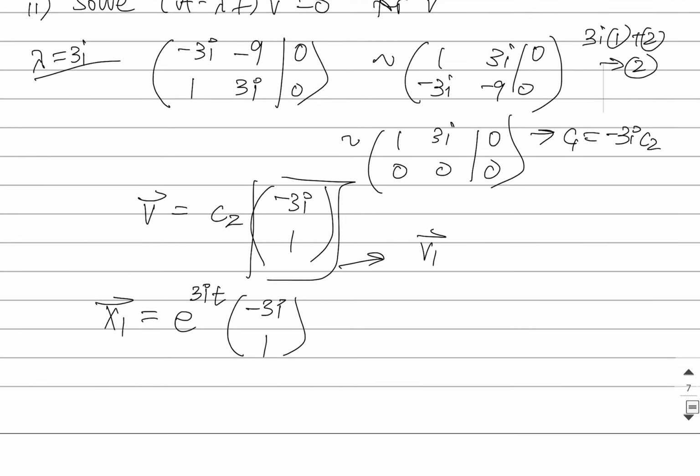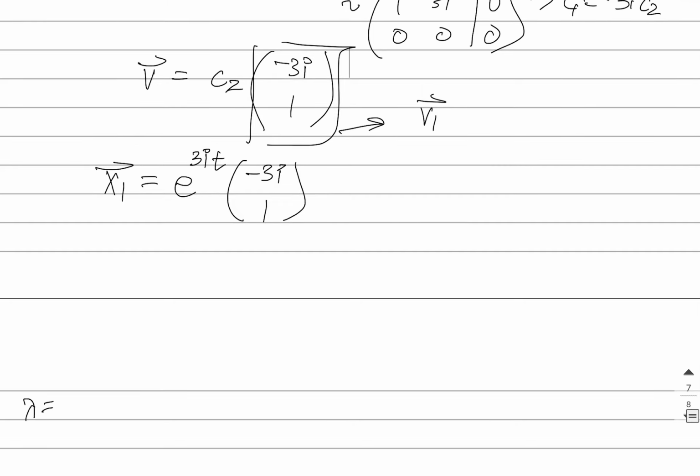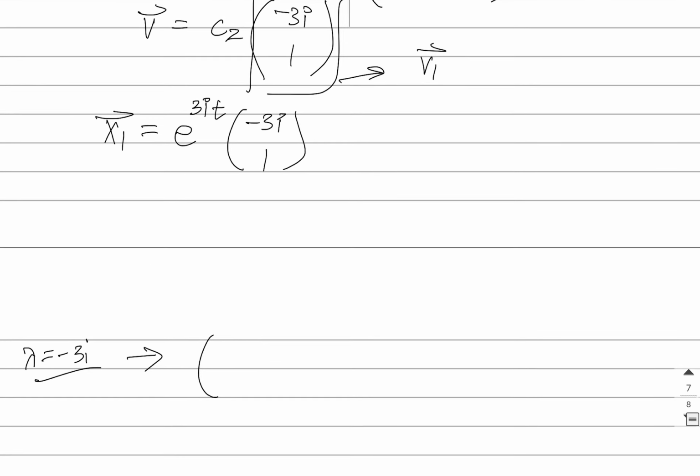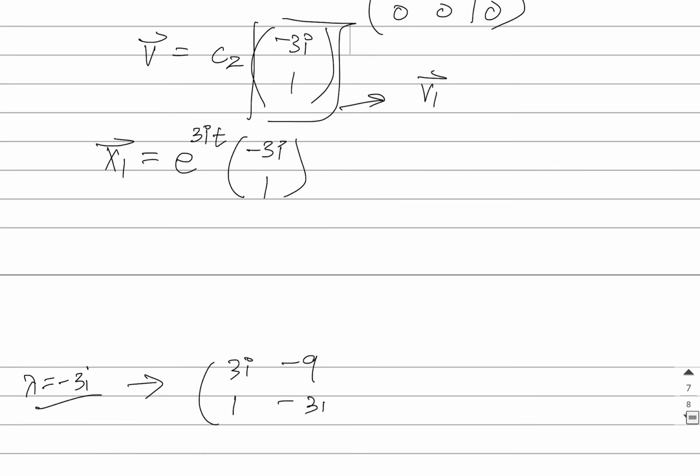Now, by the same token, if we were to take lambda equals -3i, we would have to solve a similar sort of system. We'd get 3i positive and a -9, and we would get 1 and 3i, with zeros on the right. Again, row swap to put the 1 in the top pivot.